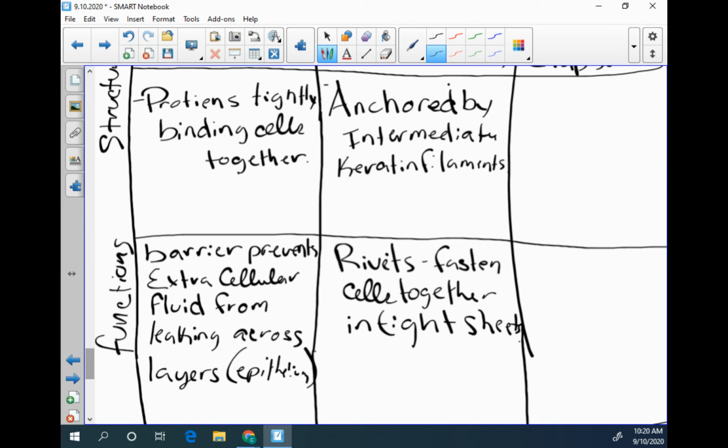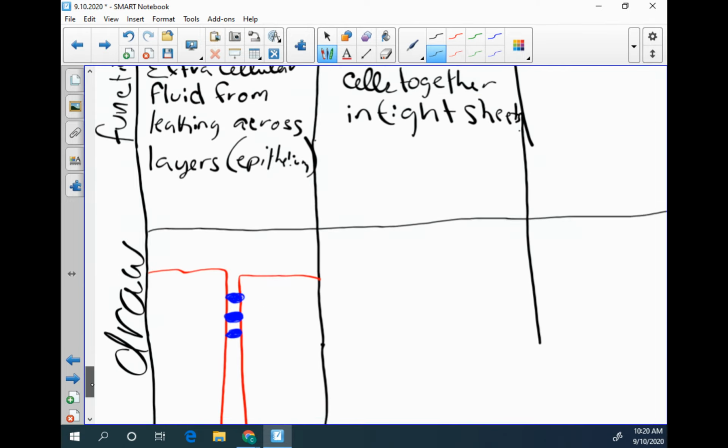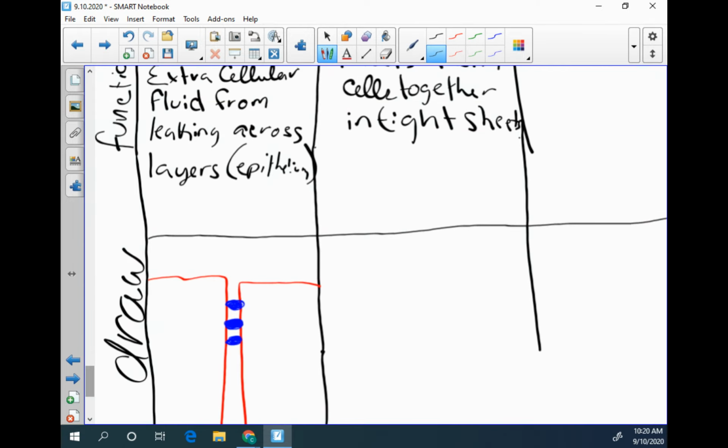So if we've got our layer of skin cells, right, our desmosomes will act to lock those cells together, and those tight junctions act as that second layer of defense to not let fluid leak through. So our drawing, this again is our cells.